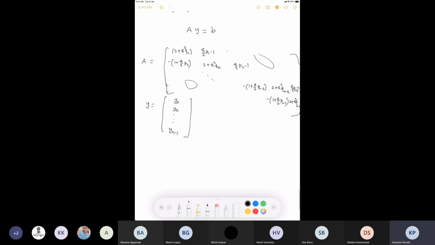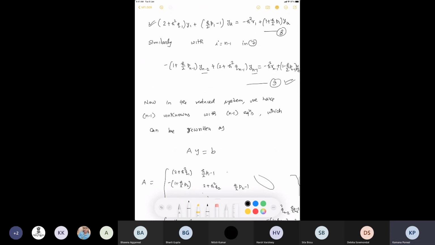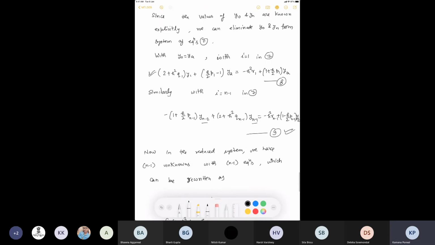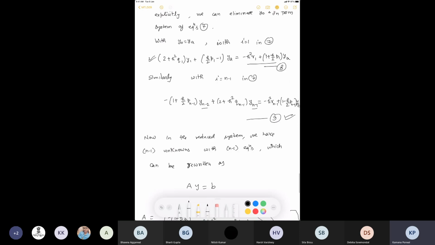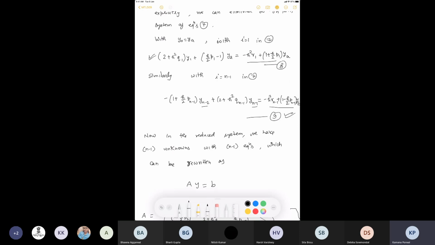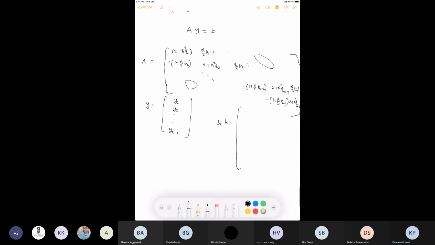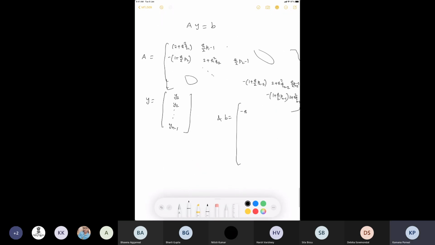Okay, and what is the vector b? So b is nothing but the right hand side. You can see in the first equation, the right hand side is this, and in the last equation, the right hand side is this. For all the rest of the equations, the right hand side will be -h² r_i. So the first is -h² r1 plus (1 + h/2 p1) times ya, and then -h² r2.